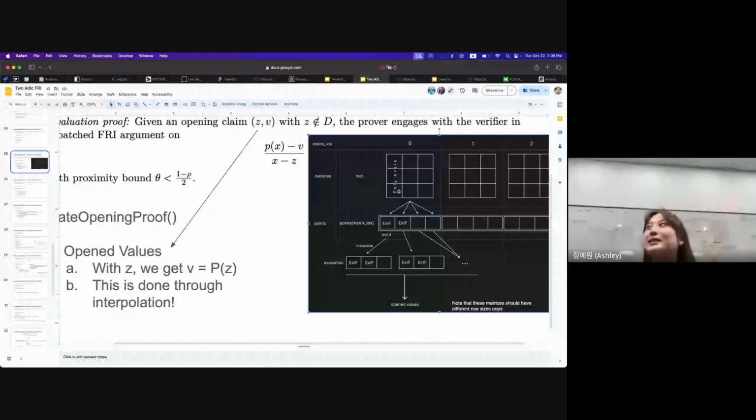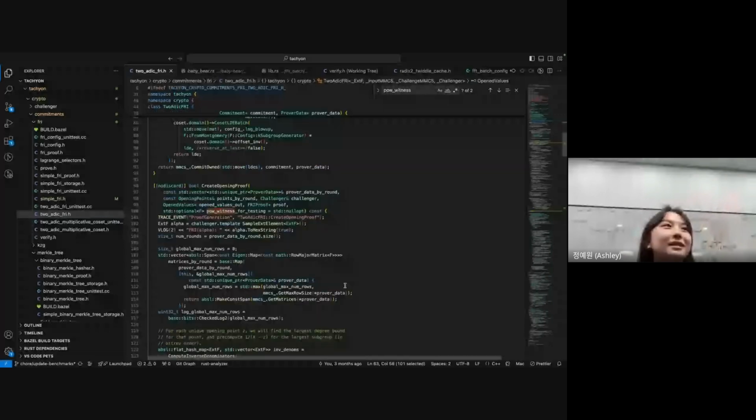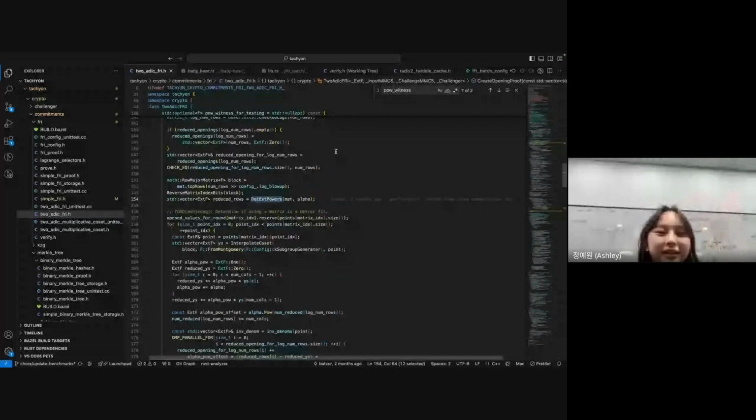And because of that, the code is actually really hard to read. They keep looping through a lot of really confusing things. Even combining, anyway, you need to combine all polynomials into a single polynomial, right? That is actually a power of alpha or something. That is very hard to read. Yep.